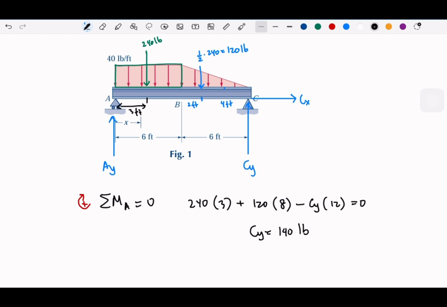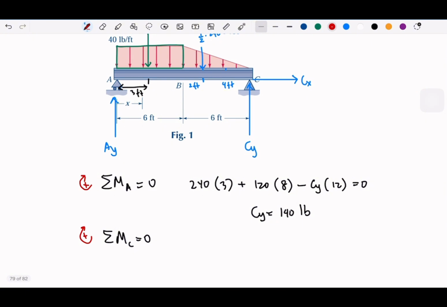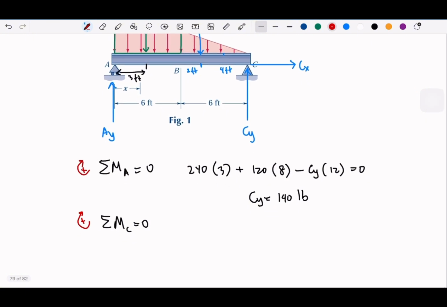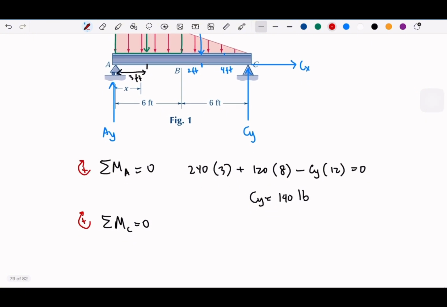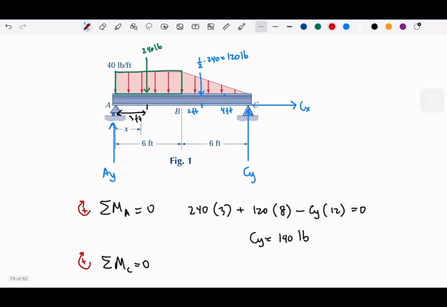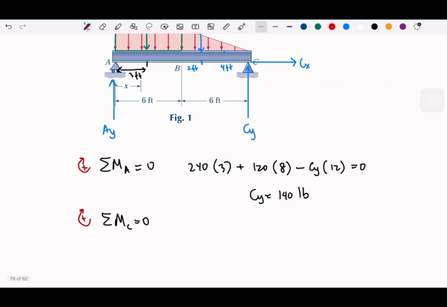And do the same thing with the C. Actually, you can take the sigma F if you want, but let me just write it with the sigma moment.